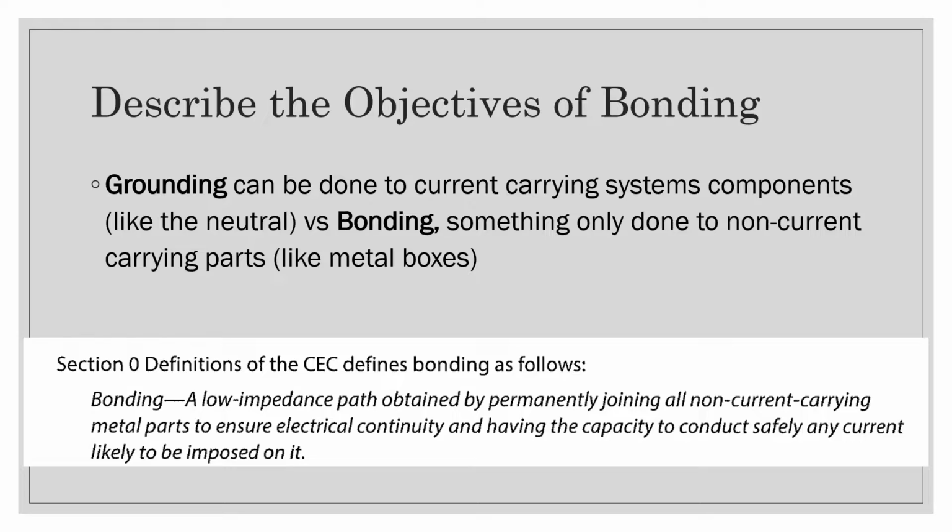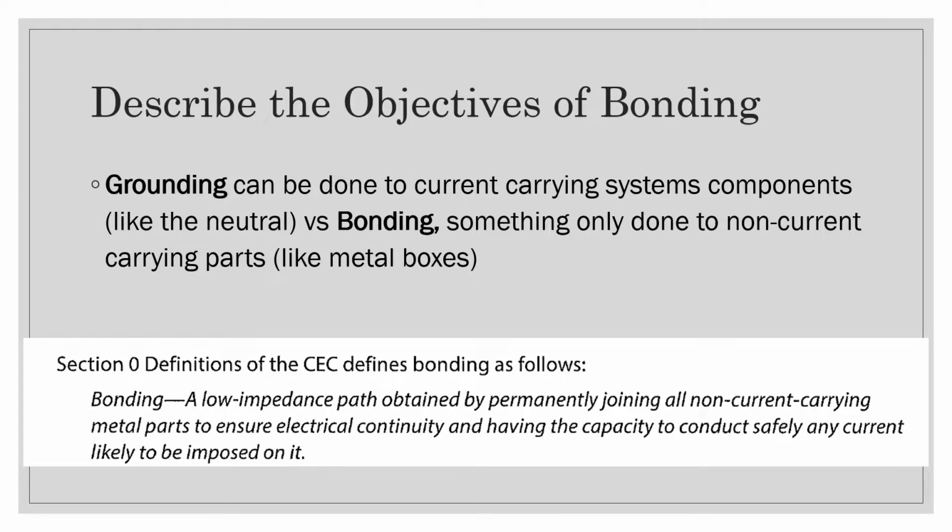So if there is some sort of fault, if a live wire touches an electrical box, you want there to be a path back to the neutral, which is connected to the source. And so that path is then going to provide enough current to trip the overcurrent protective device.